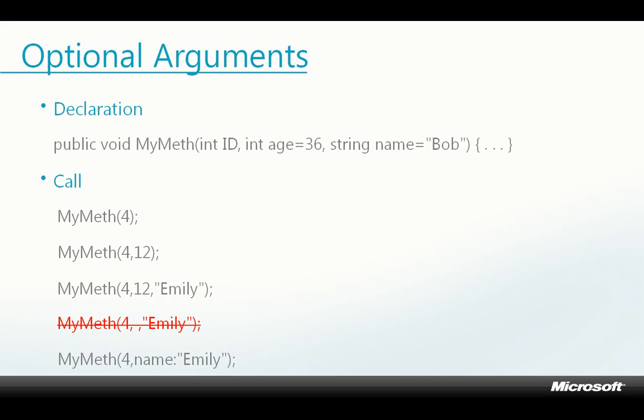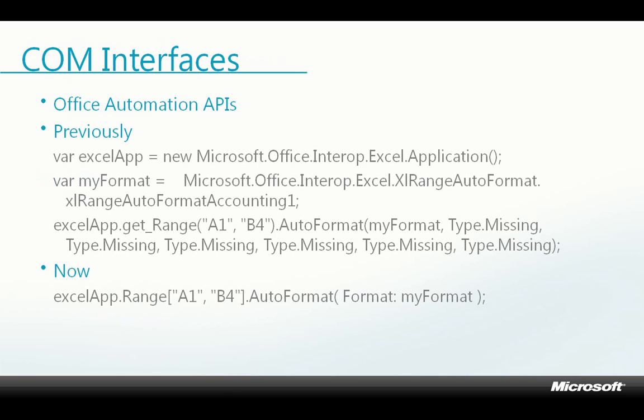The caller couldn't skip the second integer, though, and just provide 4 and then an empty thing there, and Emily, or just 4 and Emily. But as I said, there's a way around this, which is to provide a named argument for that third parameter. So I could say myMeth4, comma, and then name: Emily, and then the compiler would take that. Named and optional arguments make it easier to work with COM APIs like the Office Automation APIs.